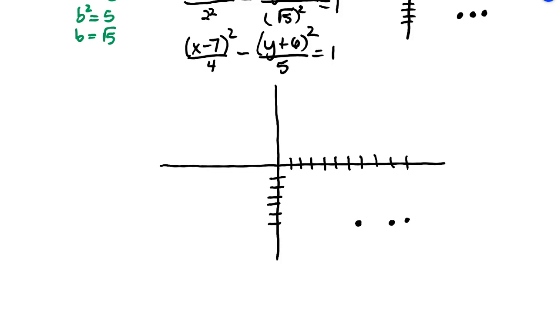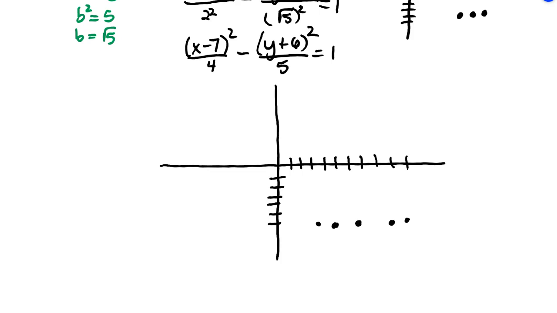Since that vertex is at (9, -6), that was 2 away from the center. If I go in the other direction, so 2 to the left, that would put me at (5, -6) for the other vertex and (4, -6) for the other focus.